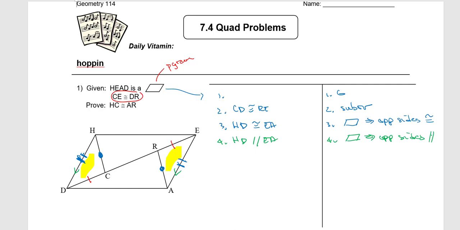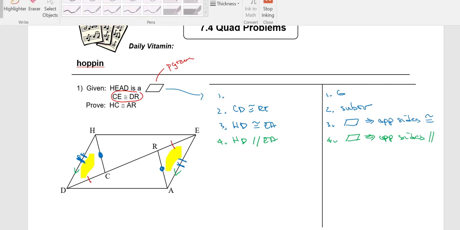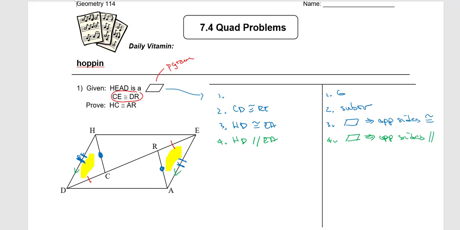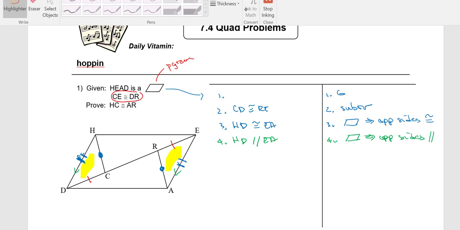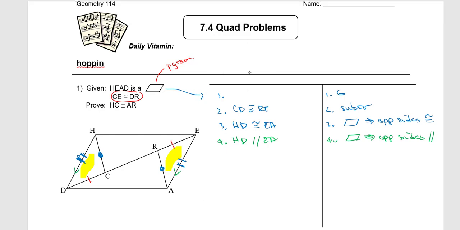And because of that, and because I can do alternate interior angles, let's show you where those are. Right here.